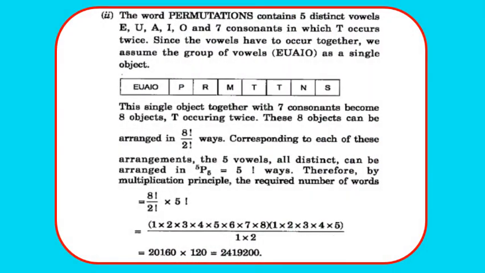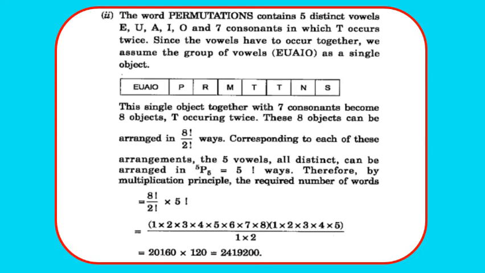Now coming to the second part, the word PERMUTATIONS has 5 different vowels A, E, I, O, U and 7 remaining consonants, in which T appears twice. So again taking all the vowels as a single unit, we will have P, M, T, R, M, T, T and S. So we are going to arrange these 8 units, and in these 8 units the T appears twice.